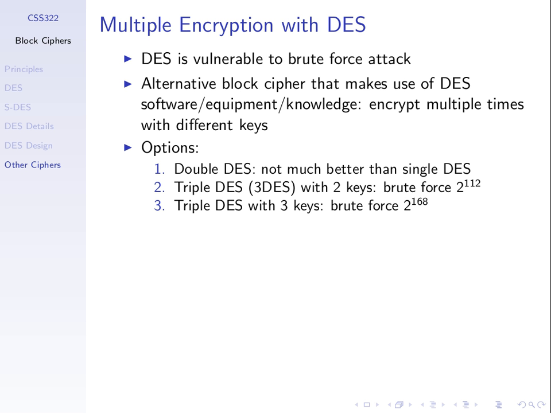How many possible keys are there? If I choose a 56-bit key here and a different 56-bit key here, effectively I've chosen 112 bits.